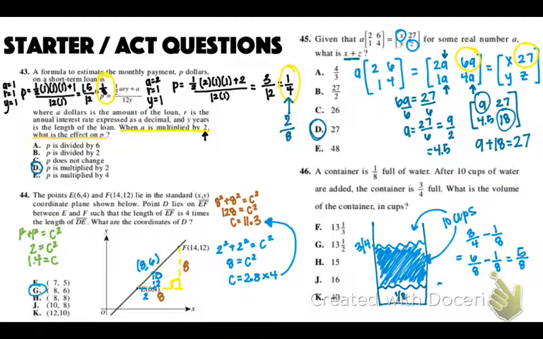So that means 5/8 equals 10 cups, which tells me that 1/8 equals 2 cups. And there's 8/8 total. If each of those is 2 cups, we end up with 16 cups in there total.